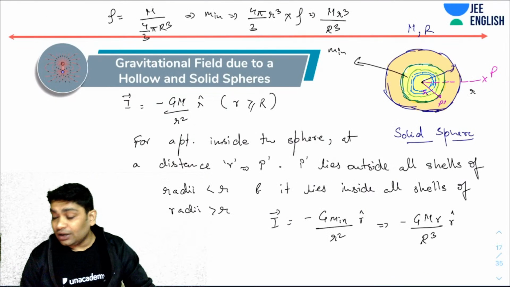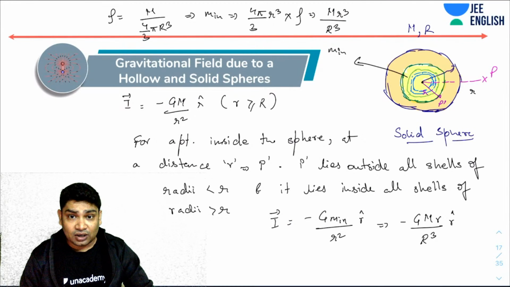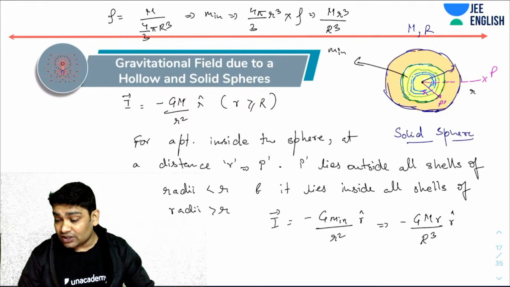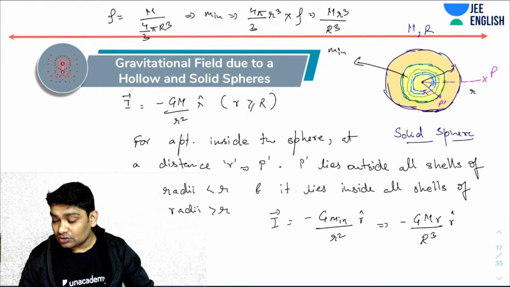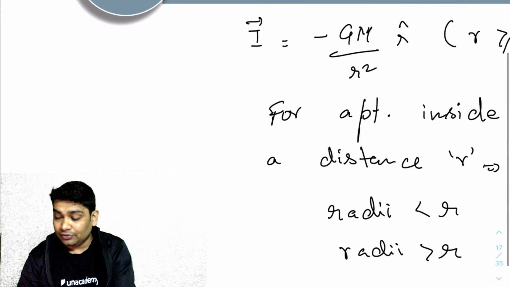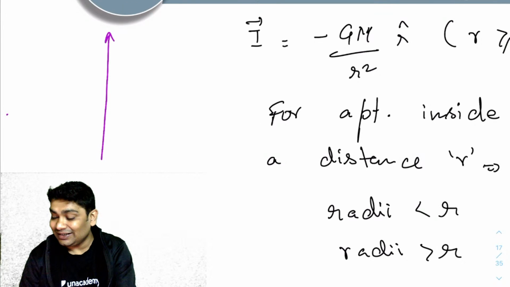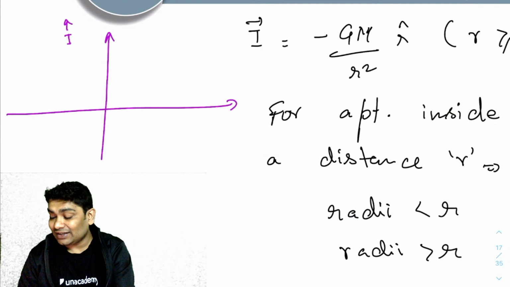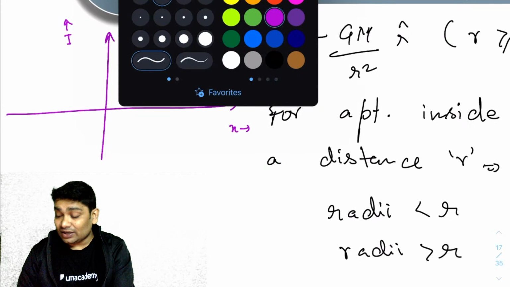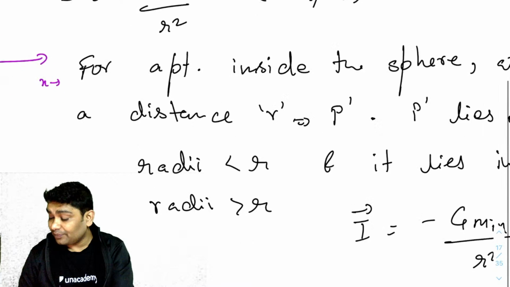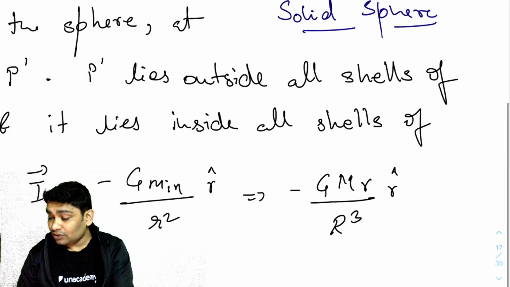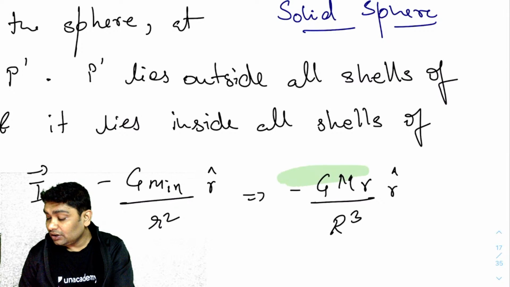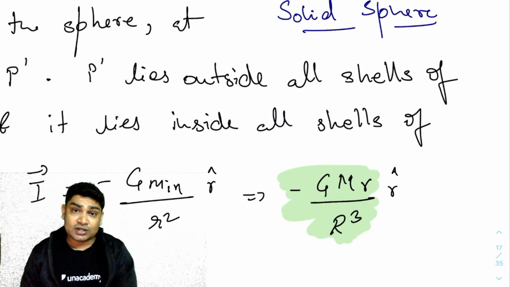Now, similarly, if I had to draw this same graph for a solid sphere, I would notice another interesting thing. Let's imagine I draw this axis here and this axis here, and on one axis I represent I, and on the other I represent X. If I look at this expression, the field intensity is growing. For different points, G is constant, M is constant, R cubed is constant.